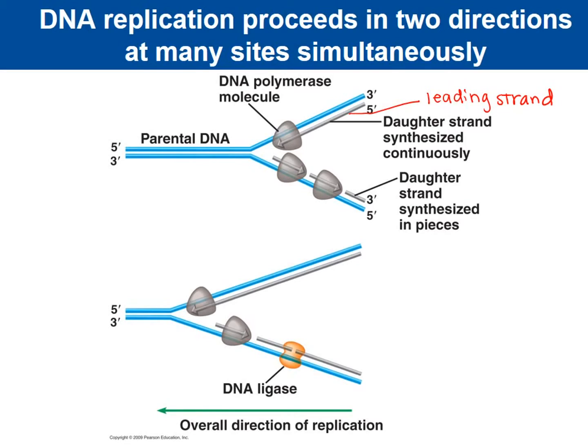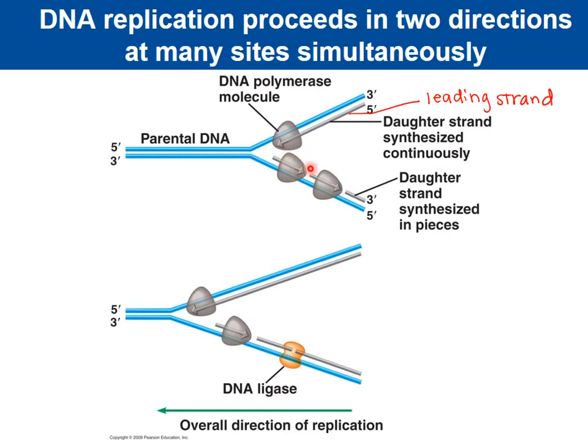Notice what happens on the opposite strand though. The other template, notice here's 3', here's 5', which means that the new strand is going to be 3' here and 5' up here. Remember that DNA polymerase only goes 5' to 3', which means it's going away from the replication fork. Notice it's going down and not going into where it's being replicated.